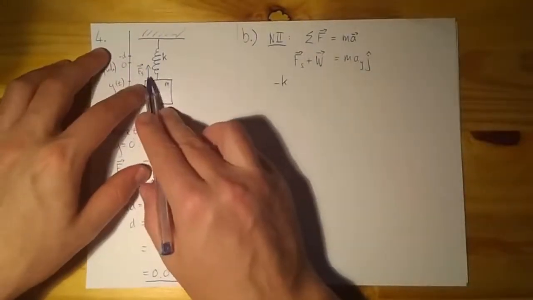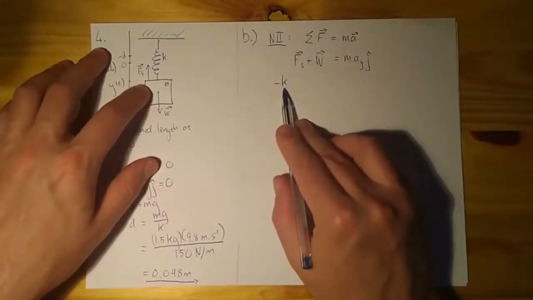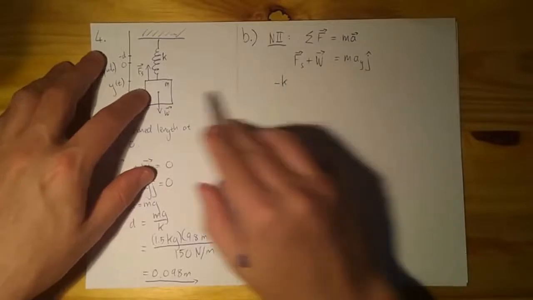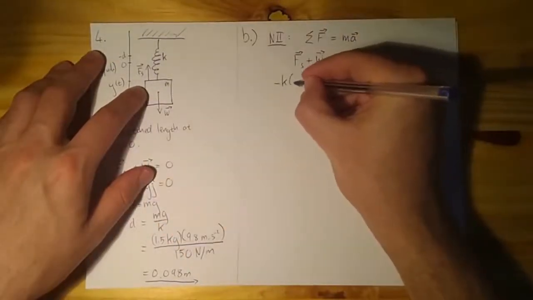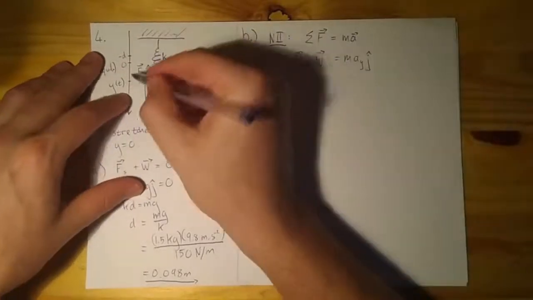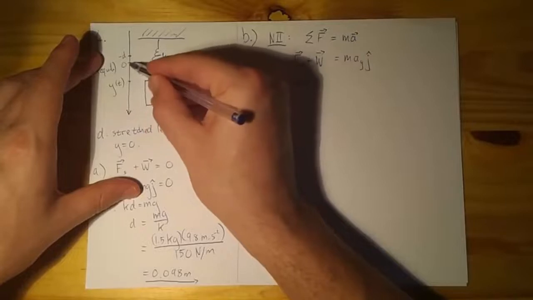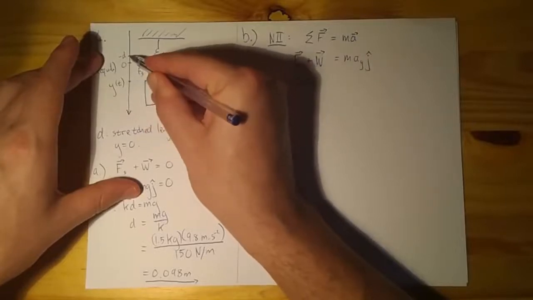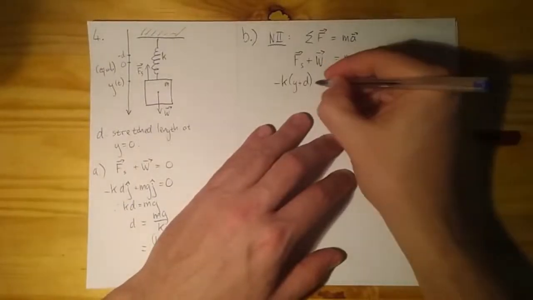But what is the actual force upwards? It is this multiplied by how much it is stretched. And by how much is it stretched at this point? It is not y, it is y plus d. From here to here is y, and from there to there is d. So y plus d.